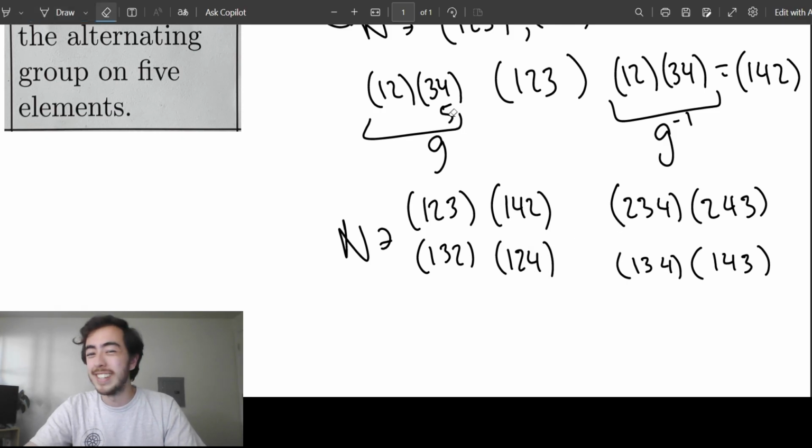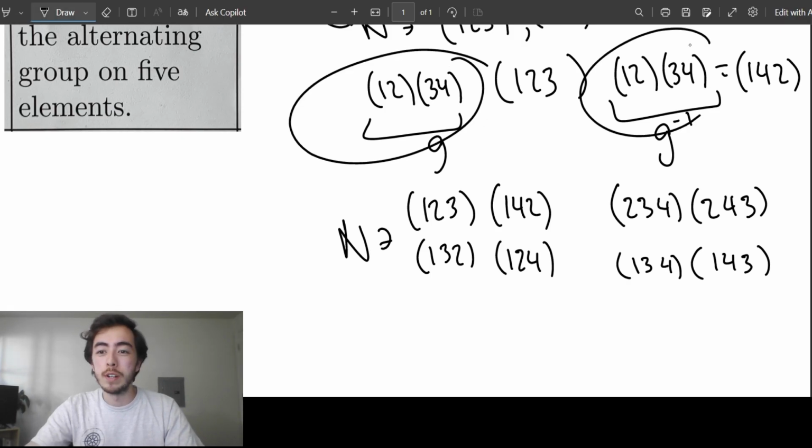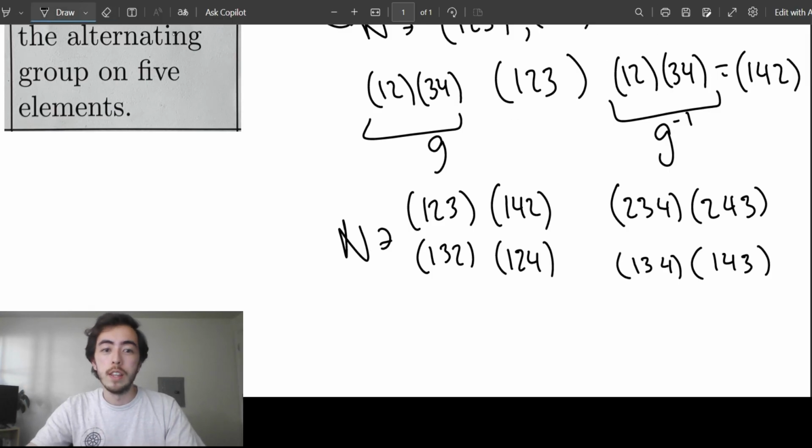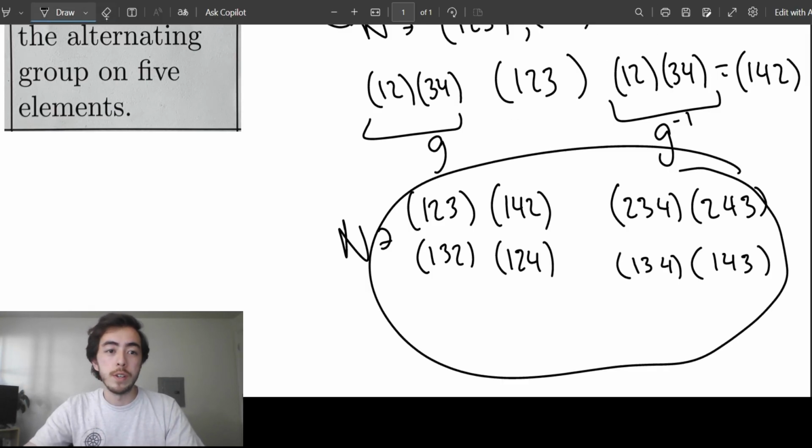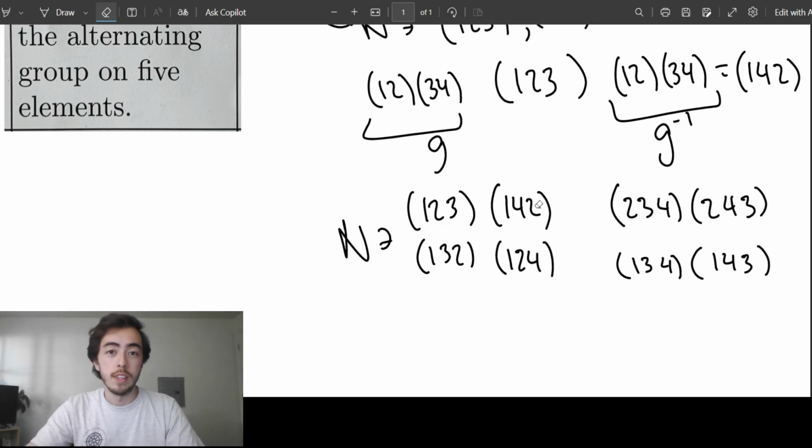Maybe I'm wrong on that, but I'm pretty sure that if we grabbed another value from A5 that did include the 5, then we would get all of our other 3 cycles, including the ones that include the number 5.